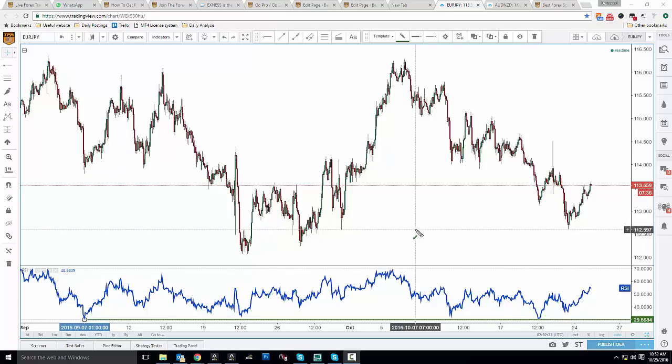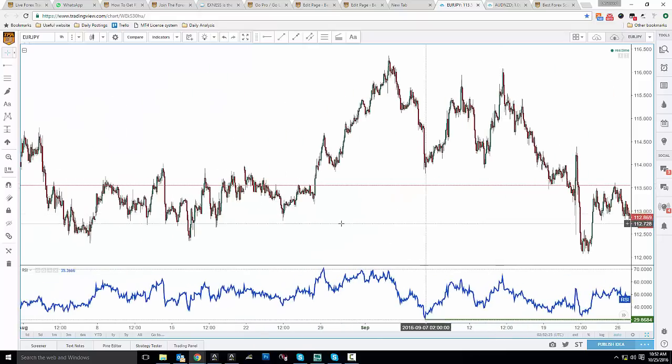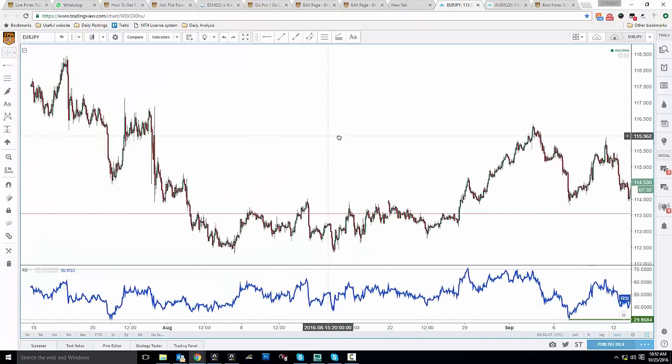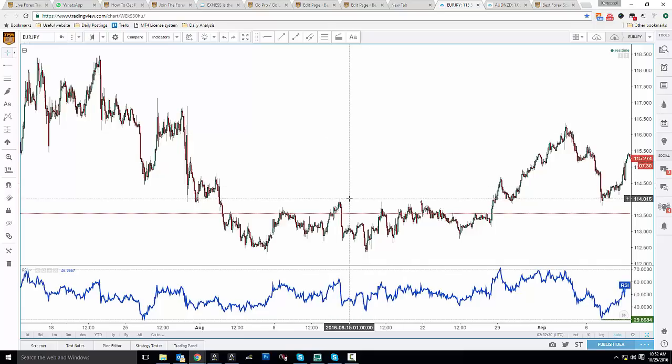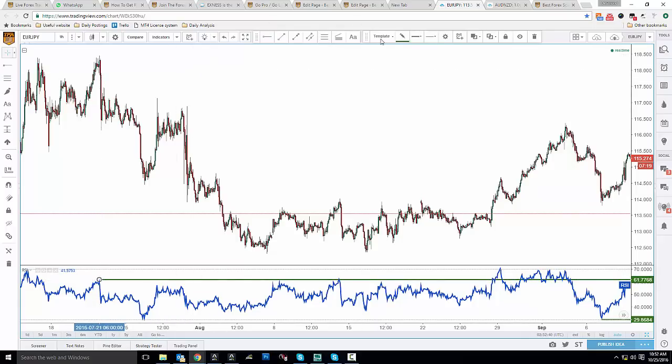I'm just doing this on the fly. We can clearly see there's some kind of resistance here. If you look at the RSI, this is 61%. This is 61% horizontal resistance. You can see there's RSI resistance at 61% here.